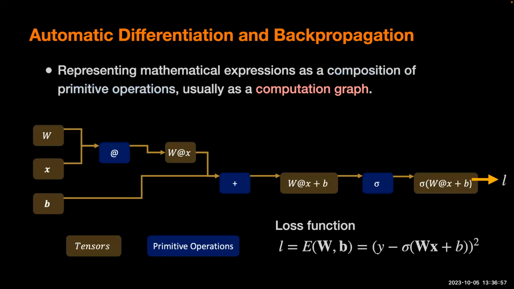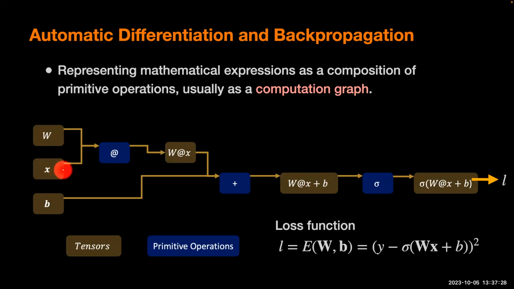To make this clearer, here is a specific example, a one layer MLP. I look at some output Y, and I want to estimate it with a one layer MLP. So it will be a linear function, like Wx plus b, and then a nonlinear function. And this whole thing, the loss, can be decomposed into a string of operations, right?